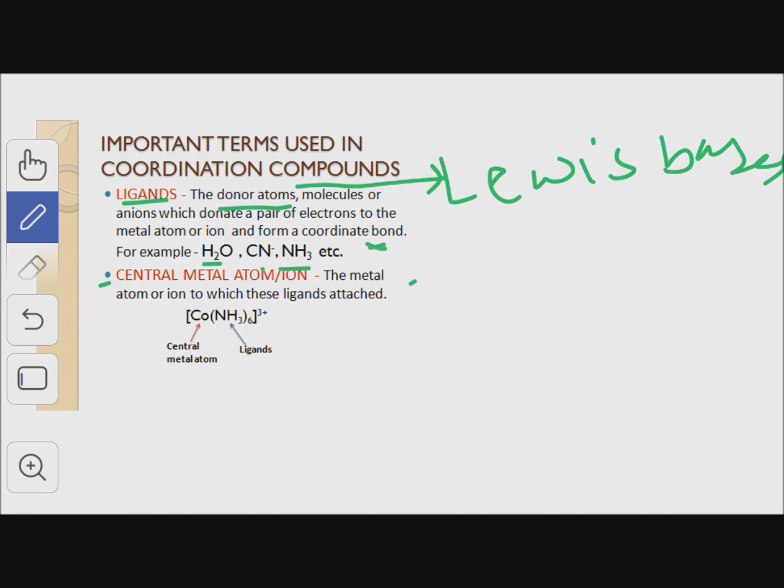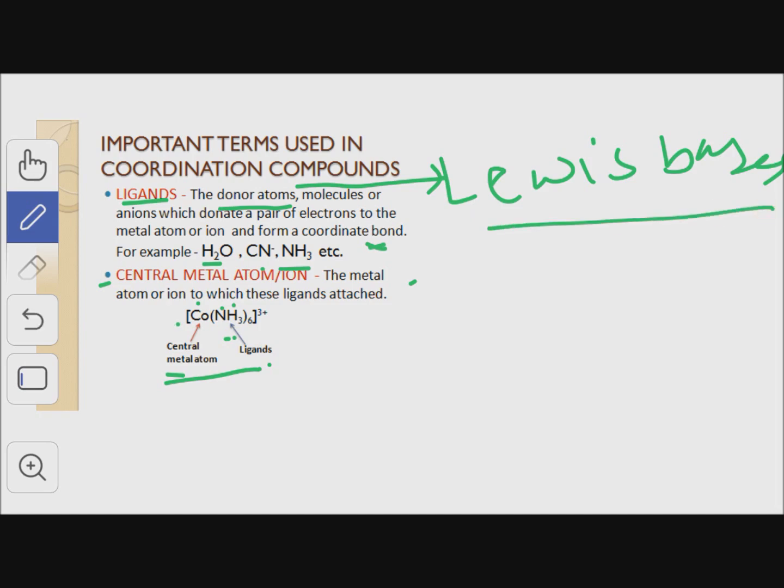For example, in the case of [Co(NH3)6]3+, Co is the central metal atom and NH3 is the ligand. It is a neutral ligand and the lone pair of electrons on the nitrogen is donated to the cobalt. That's why it acts as a Lewis base.